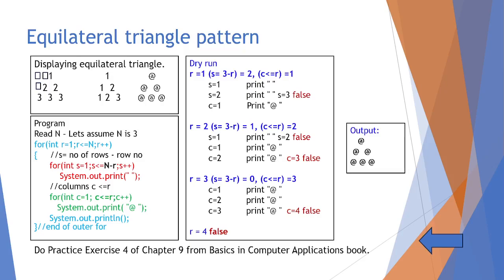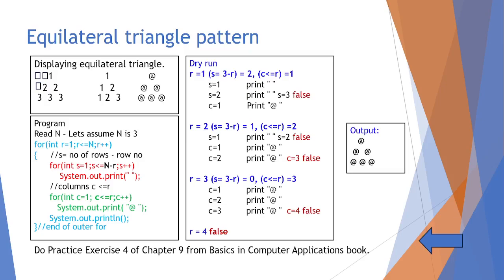See the program: the blue colored one is for the outer loop contents, the red colored one for spaces, and the green colored lines are related to columns. So how do we give the number of spaces? 2 in the first row, 1 in the second row, 0 in the third row. We will understand with the help of a dry run after reading the red colored part of the program.